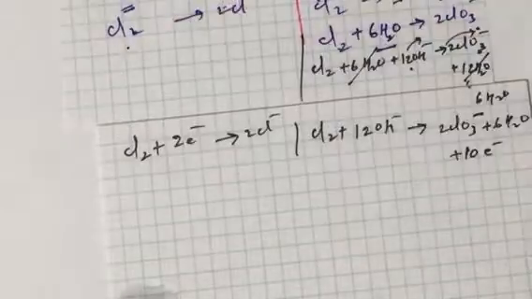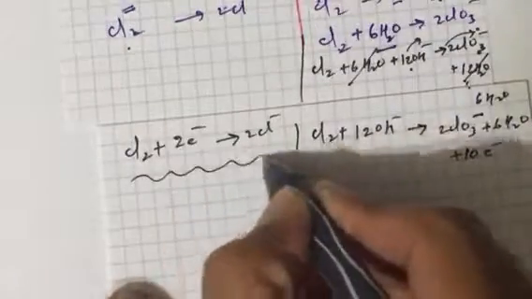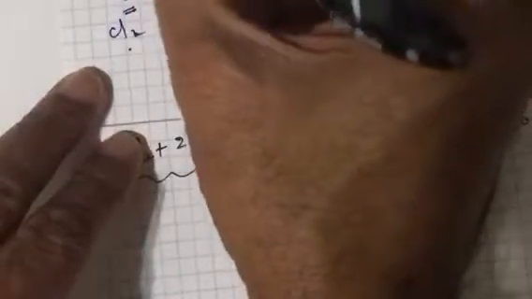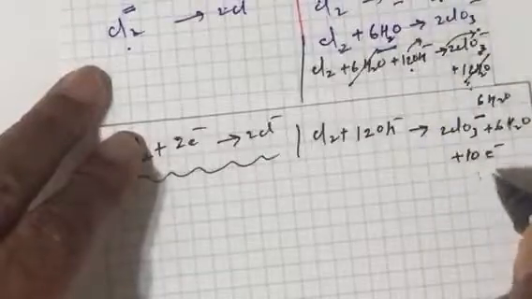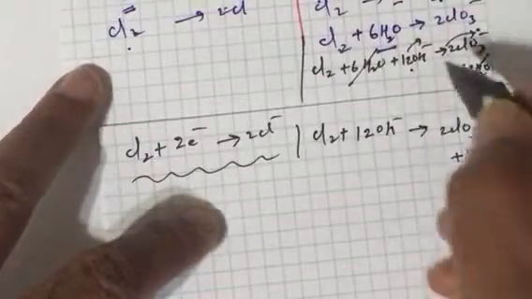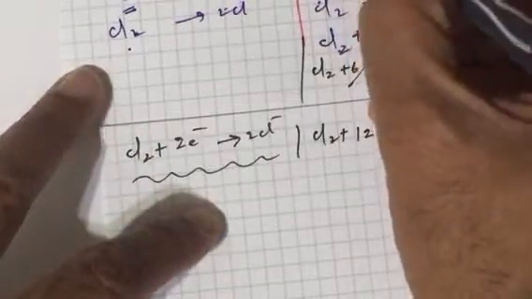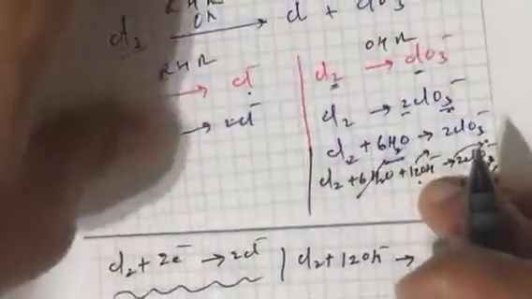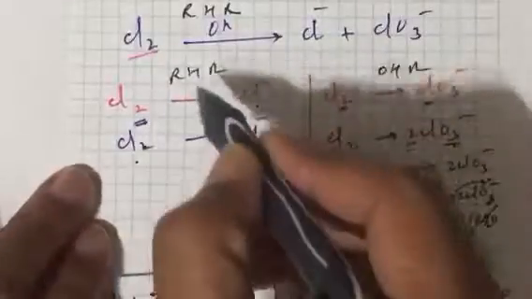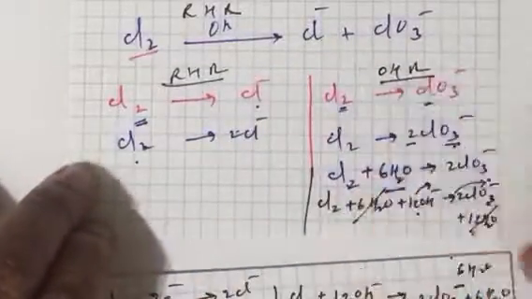Now, in this half reaction, 2 electrons are gained. This I call the reduction half reaction. In this half reaction, 10 electrons are lost, so I can call it the oxidation half reaction. Don't worry about that. Reduction half reaction, oxidation half reaction.